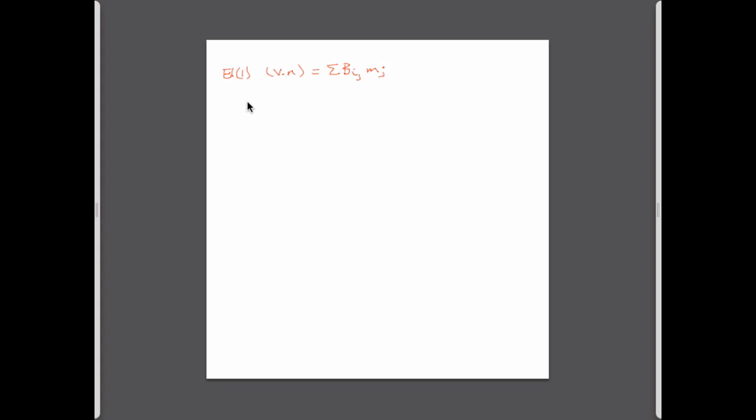And so what we want to write is that the velocity at 1 is equal to B11 M1 plus B12 M2 plus B13 M3 plus B14 M4. We know that this velocity that we want to represent is equal to 0. It's a no flow boundary.